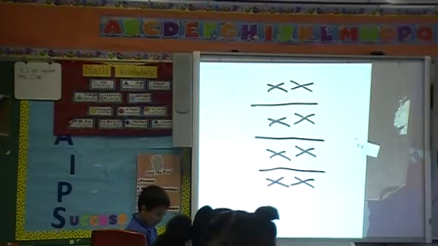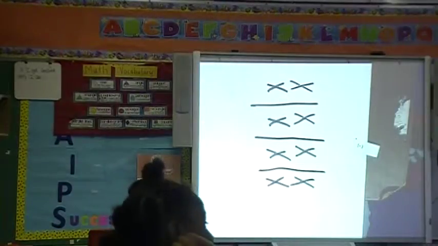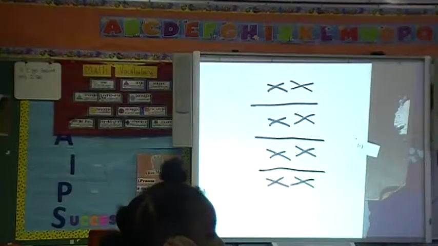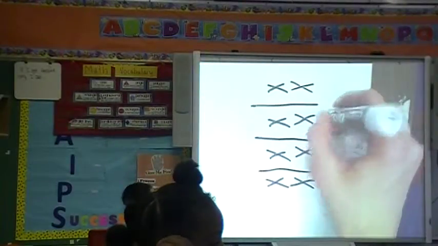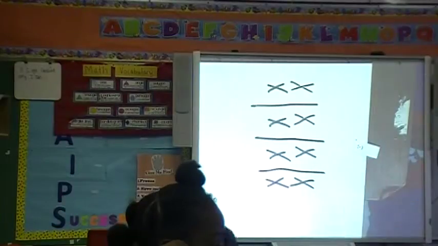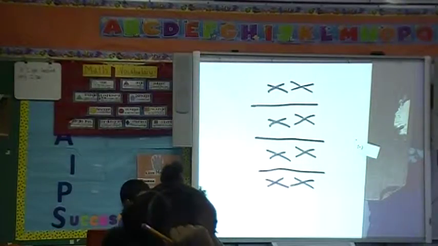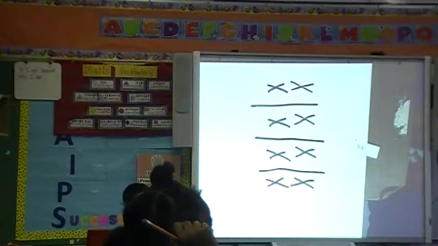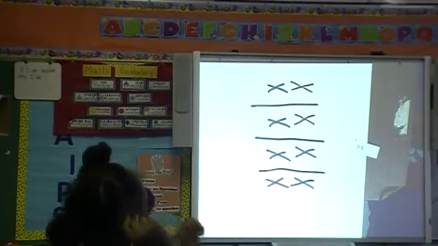You would have 5 rows of 2. I would have 5 rows of 2 if I add another column. How many would I add? You would add 1.